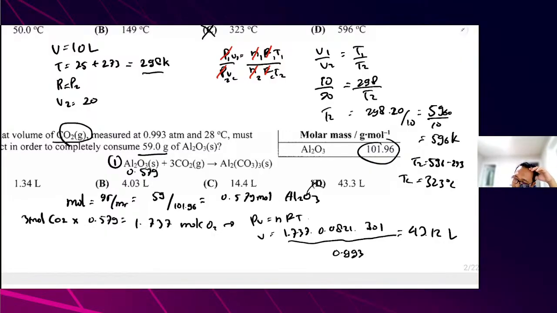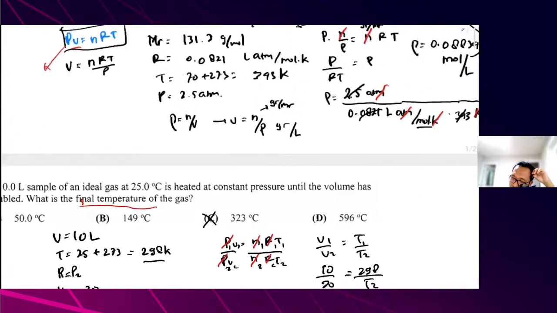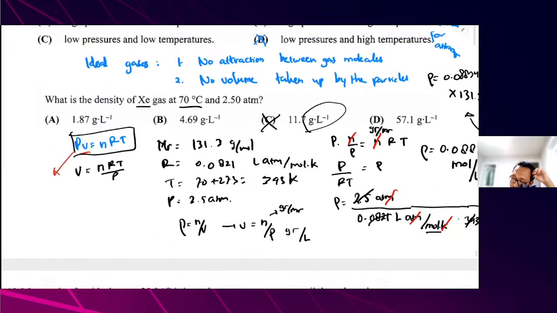In this case, as you can see, this one is in moles, and for the R, it will be in liters, like the previous one, guys. Liter atm per mole Kelvin.